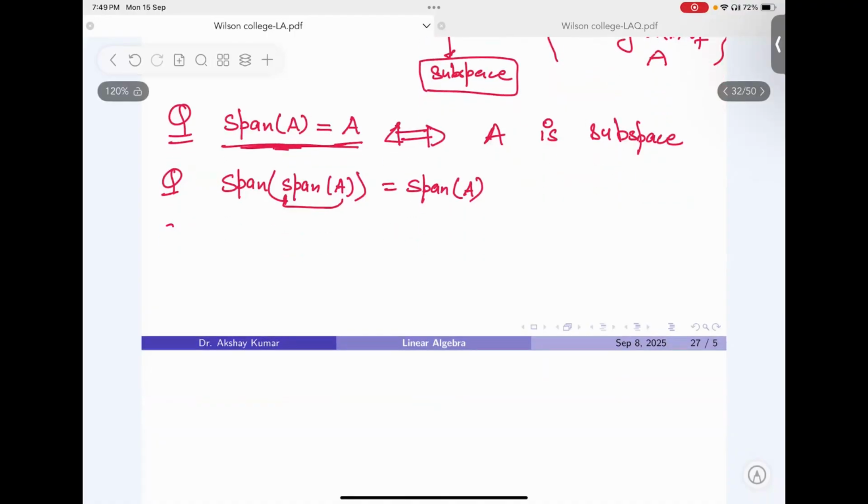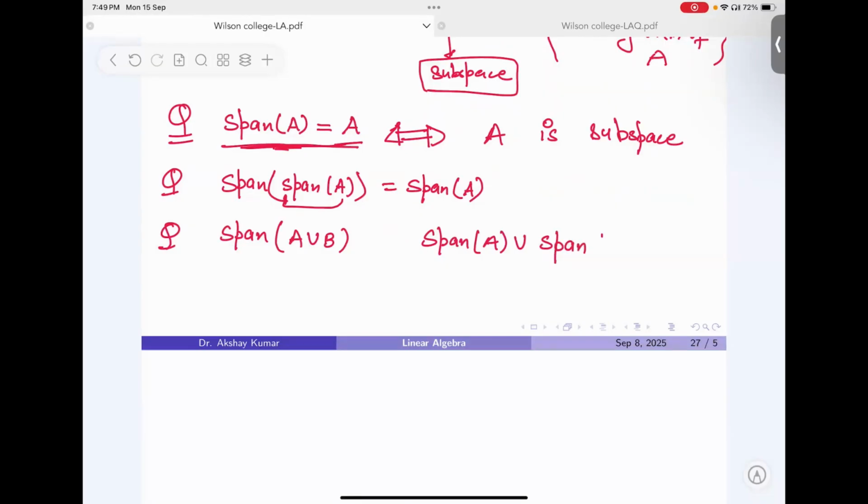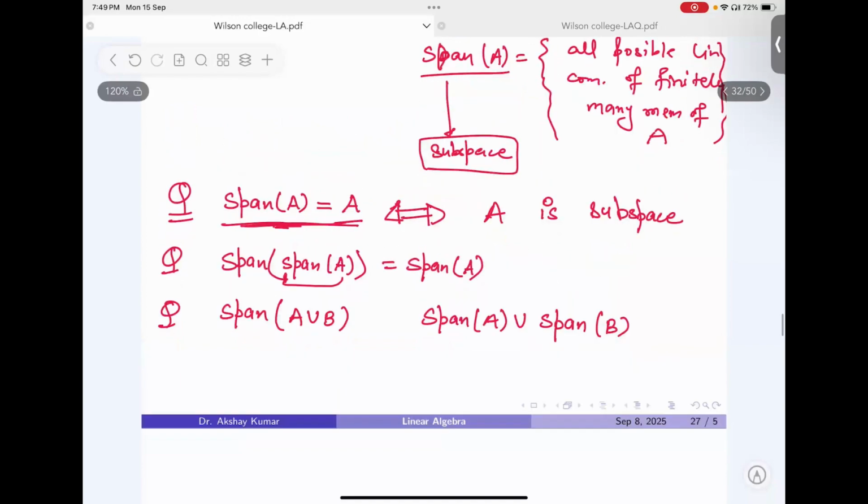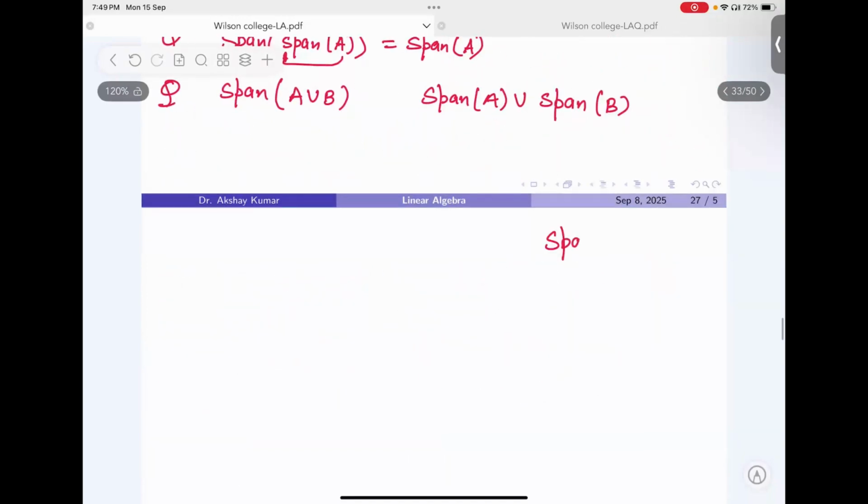Now another question you should ask is what is the relation between the span of A union B and the span of A union the span of B? As we said, the span of A is always a subspace, and the span of B is also a subspace. What about their union?